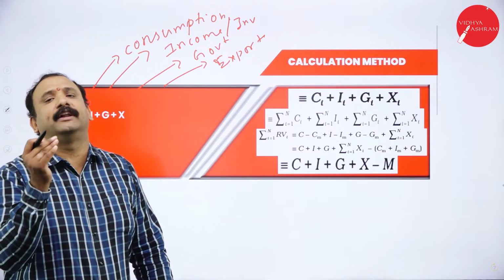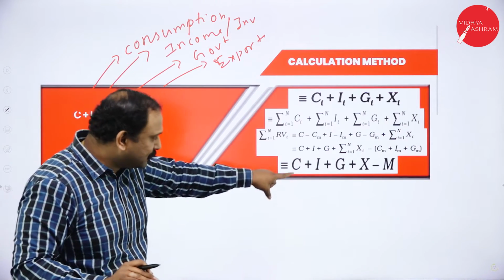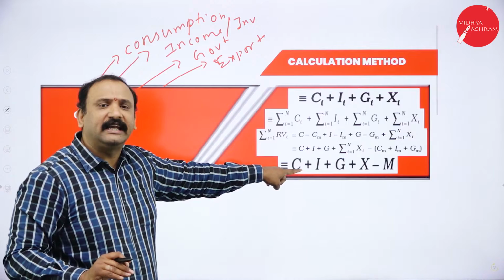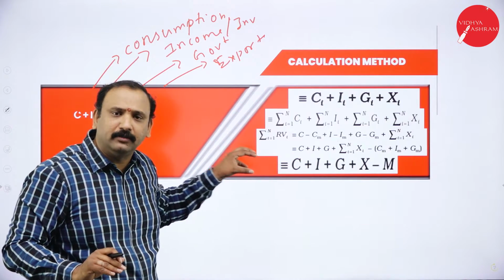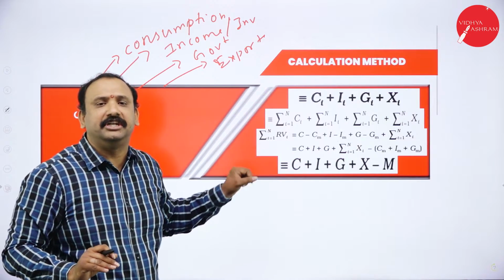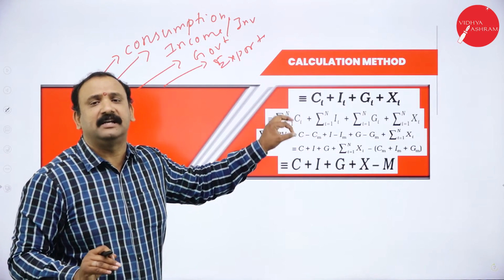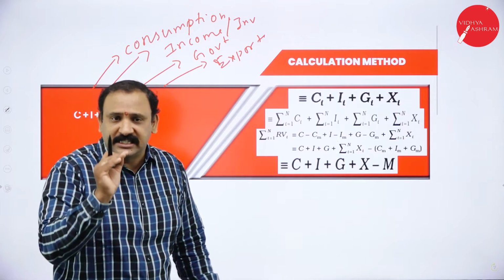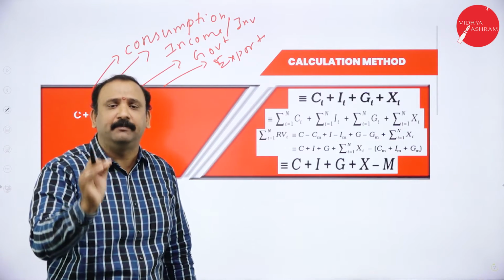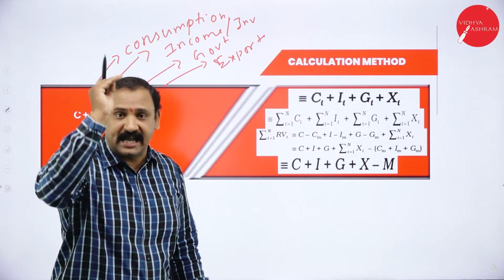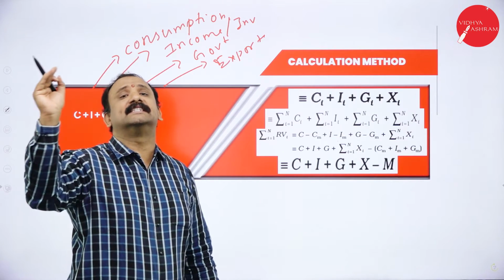M stands for imports. So at the end of the day, what is the formula to calculate the GDP? This is that one: C plus I plus G plus X minus M. Consumption plus investment plus government plus exports minus imports.